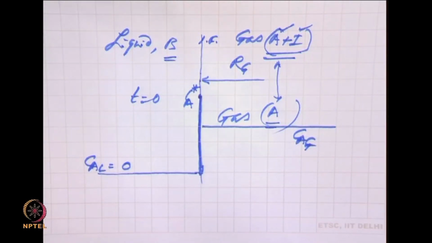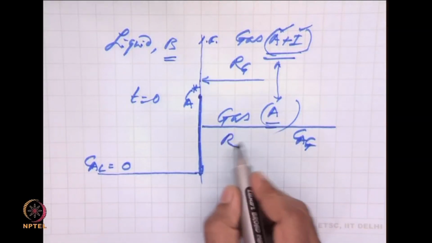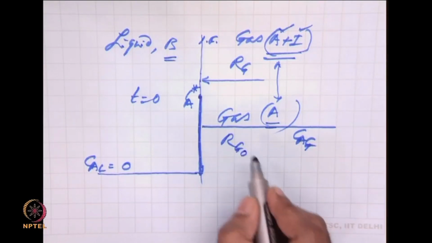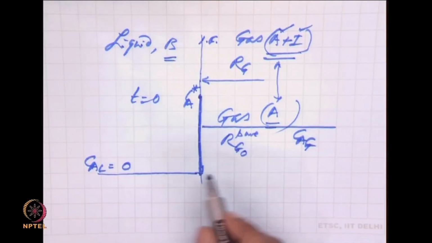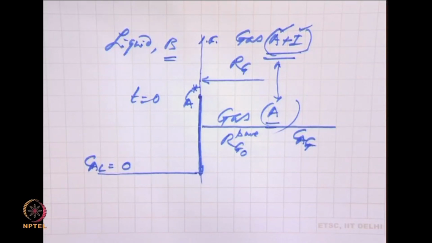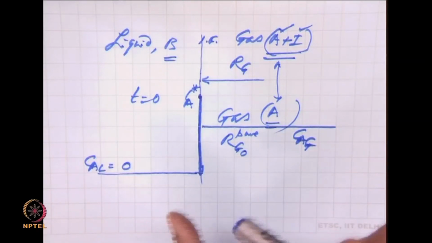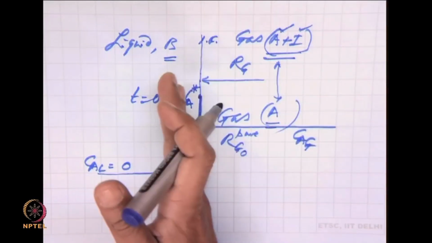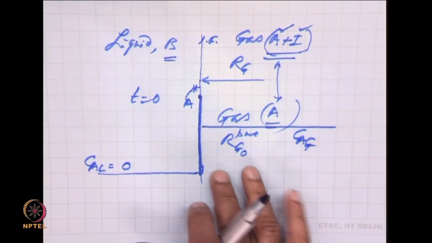So, there is that initial resistance in the gas phase even for pure gas, let us say R g 0, and let us put pure here, some minimum resistance for pure gas at time 0. That is a finite number; you cannot transfer more than what arrives here, and what arrives here is finite. So, this is one resistance.